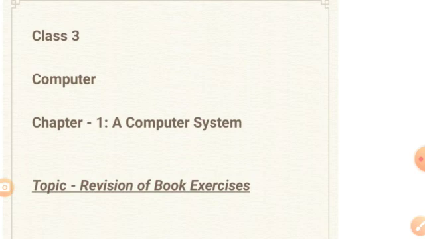Then we learned how a computer works. It works on the IPO cycle, that is input, process, output.